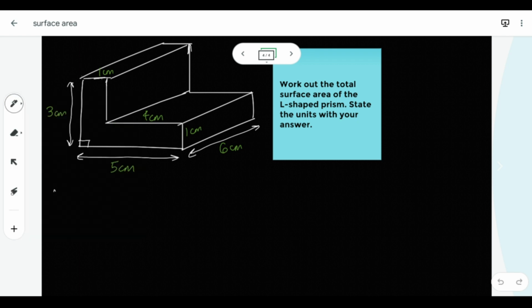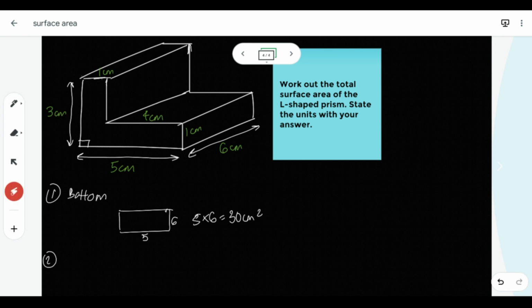So the bottom, okay, it would be 5 by 6, which would give you 5 times 6, value of 30 centimeters squared. Number 2, of course, the top of the shape, which would also be 5 times 6.